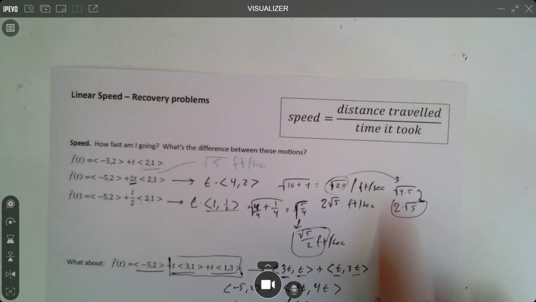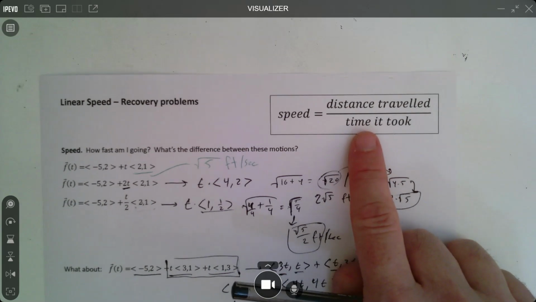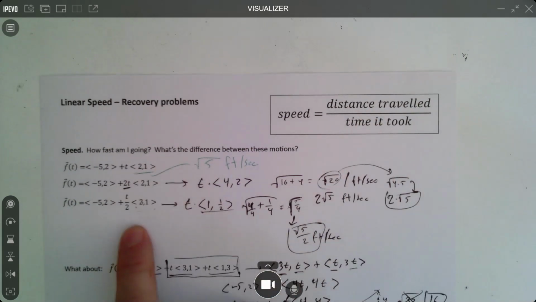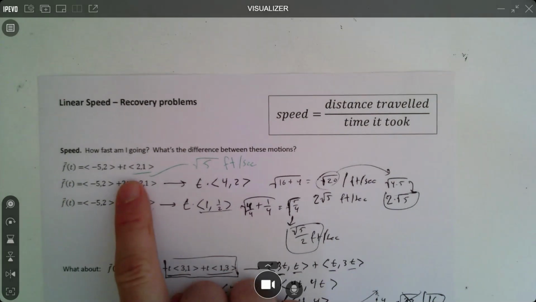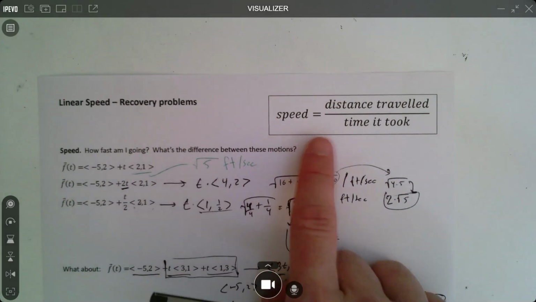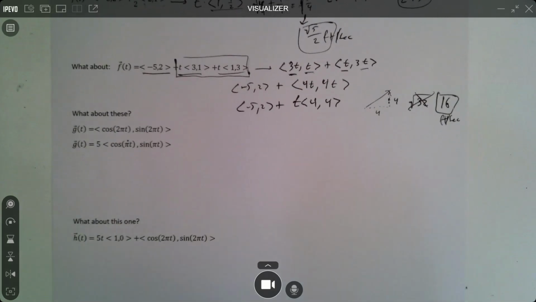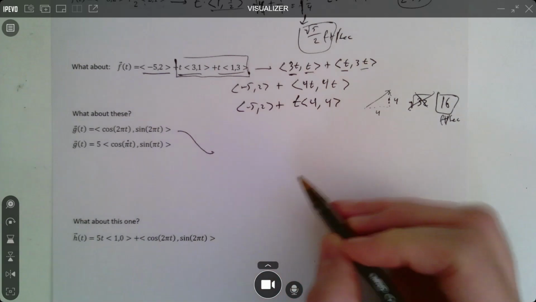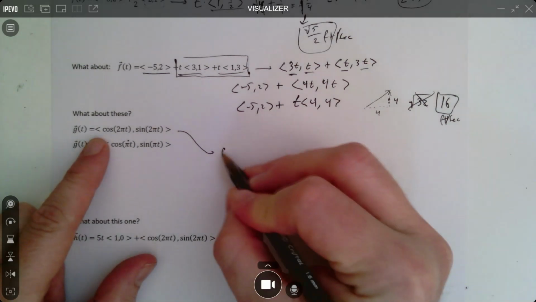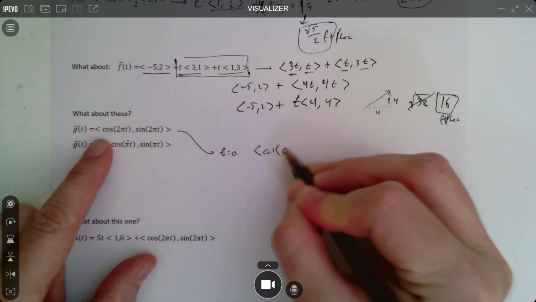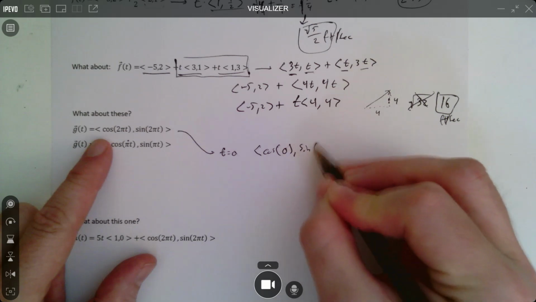So I said that you could ask yourself, how far did I travel in a certain amount of time? And for these ones, I thought, where am I at time 0? Where am I at time 1? How far did I travel? So you can do the same thing here, but you have to think a little bit. Let's plug in time 0. So at time 0, I'll be at a vector that's cosine 0, sine 0.